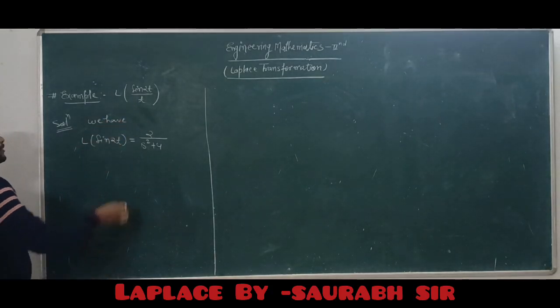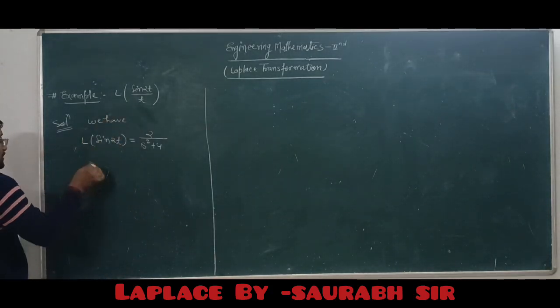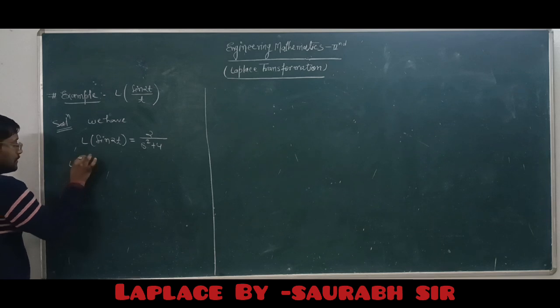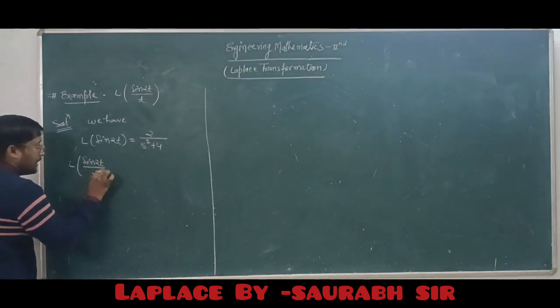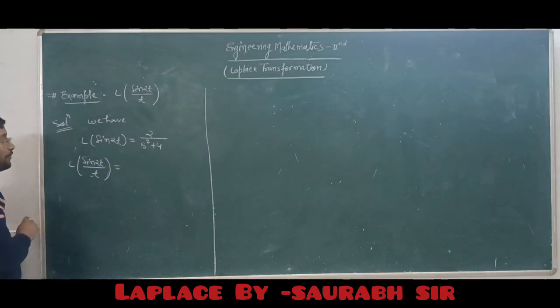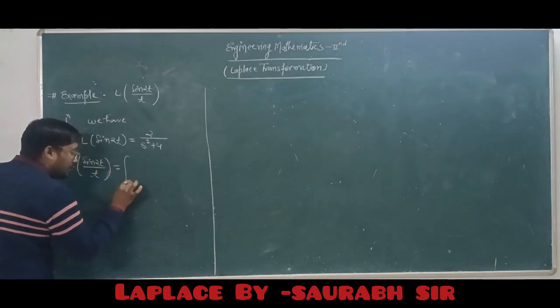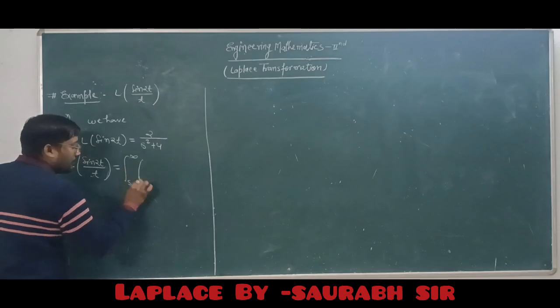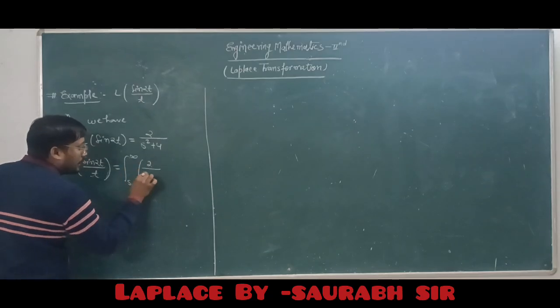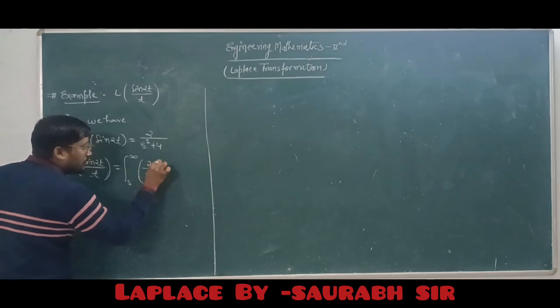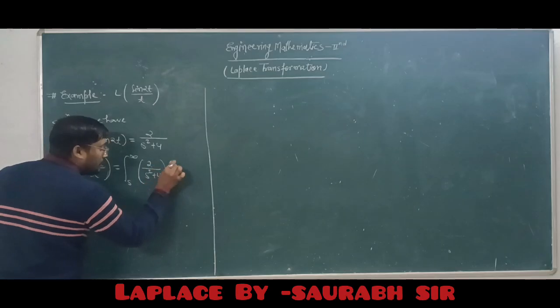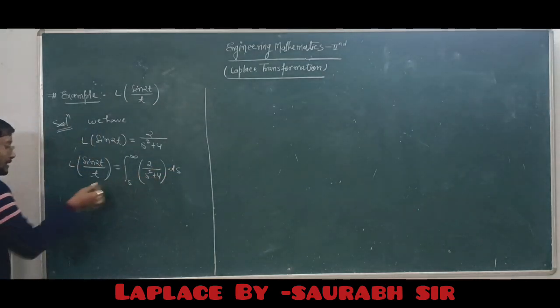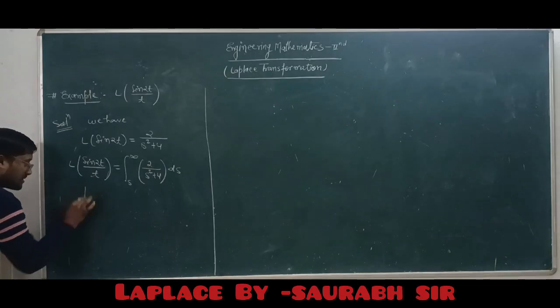Now you put the value of t, L sine 2t upon t is equal to integral s to infinite 2 upon s square plus 4 into ds.